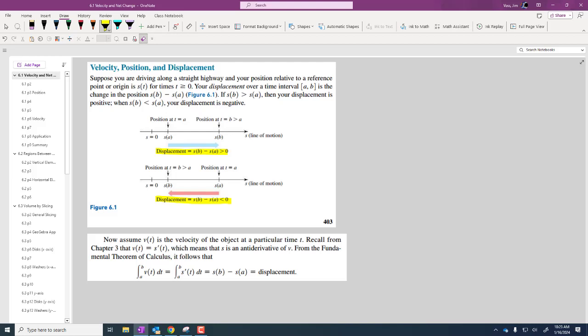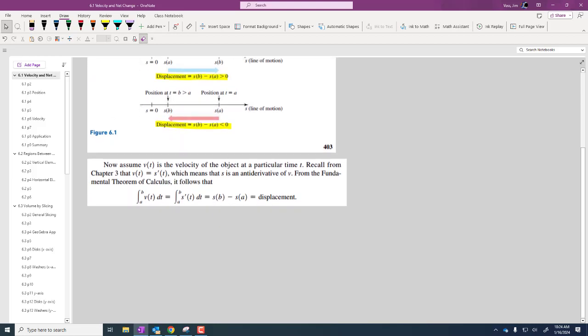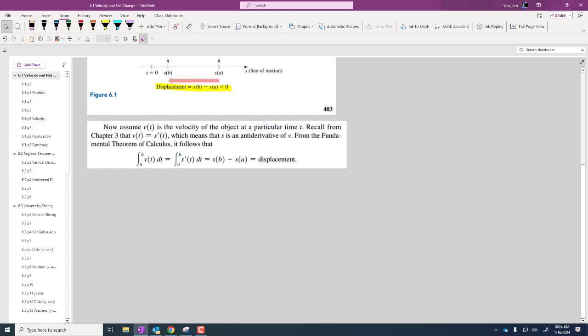Now, s of b minus s of a, well, heck, we have a mathematical way to calculate s of b minus s of a. And that is what you learned in Calc 1, called the integral. So the definite integral, couple things here. If we take the definite integral of the velocity from a to b, it will turn into s of b minus s of a because s prime is equal to v.